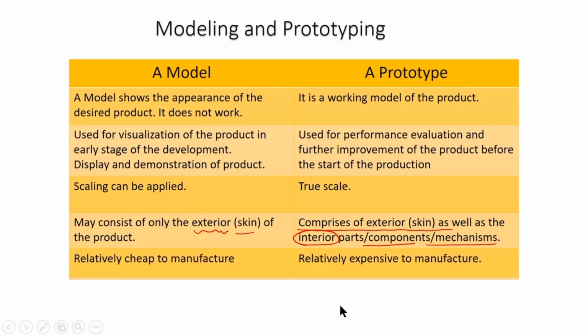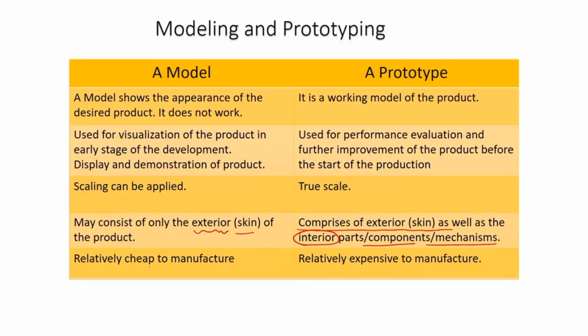So, obviously, as we are developing only skin or the exterior portion of the product, the cost associated with development of a model is less in comparison with the development of the prototype. So, the development of the prototype is having designing and development of its components and assembly as well. Moreover, the development of prototype will take longer time.